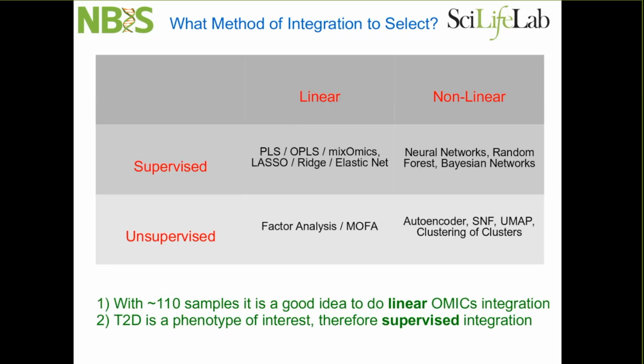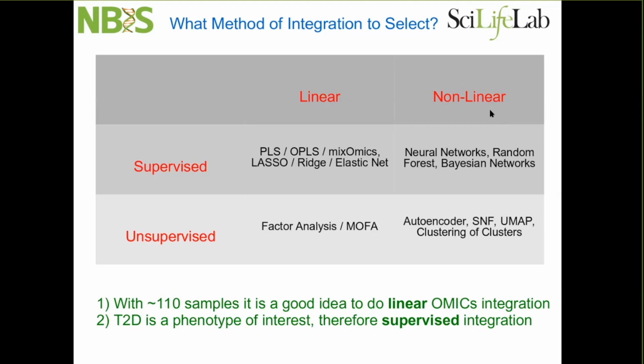When you start with an integrative project, you should ask yourself whether you have enough samples to do non-linear integration. This is maybe affordable when you work with single cell data where you have hundreds of thousands of cells or maybe even millions of cells.